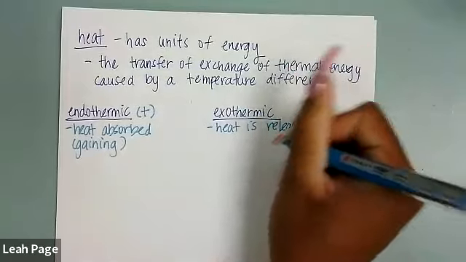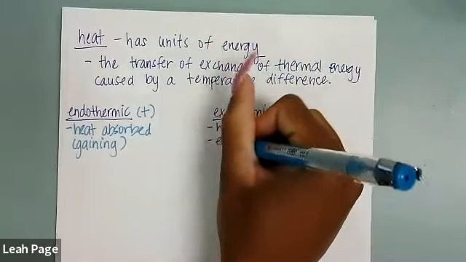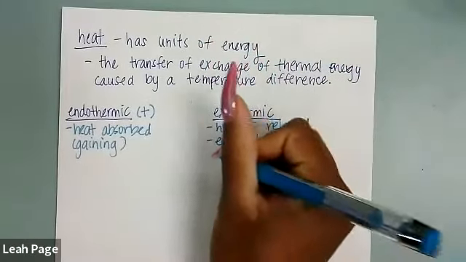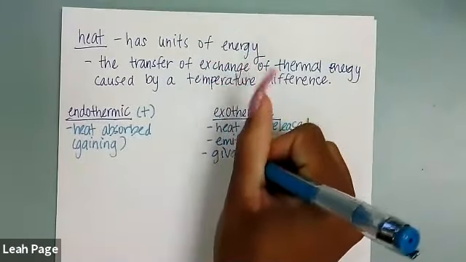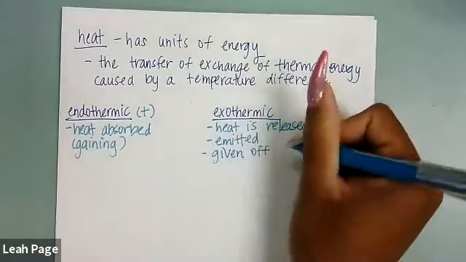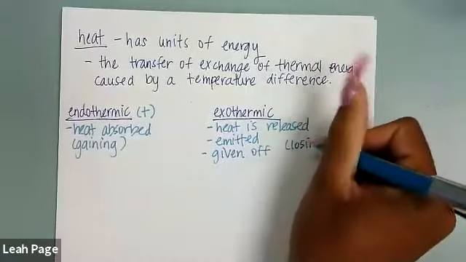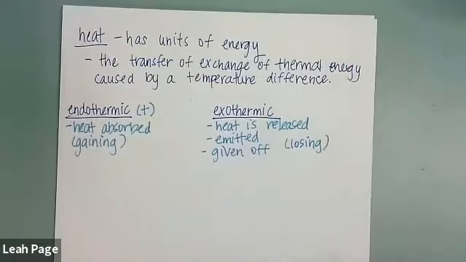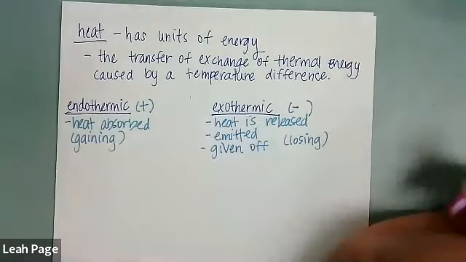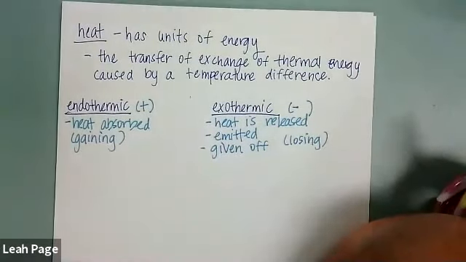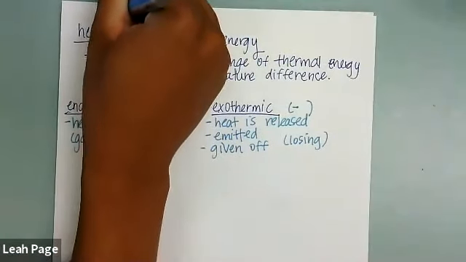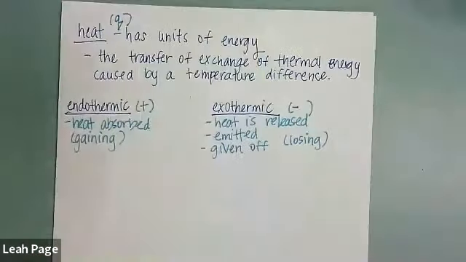Another way of saying heat is being released is we can say heat is being emitted, or we can say heat is being given off. And we say we're losing heat in all these cases. And when you're losing heat, we're going to say you have a negative sign associated with it. Now, the symbol for heat is abbreviated with the lowercase letter q.